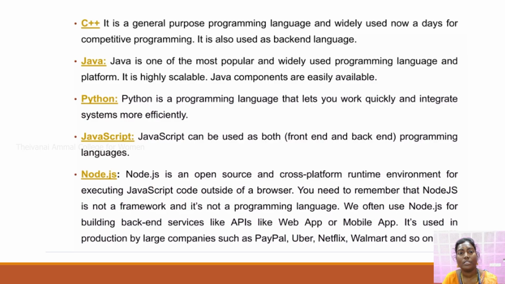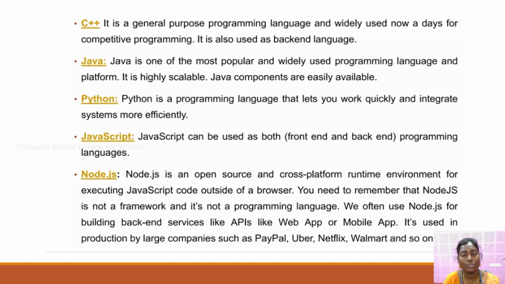Java, this is also a highly scalable platform language, easily available. Python is also a programming language which can work quickly, and integrate with systems more efficiently. And JavaScript, we can use in both front end and back end.